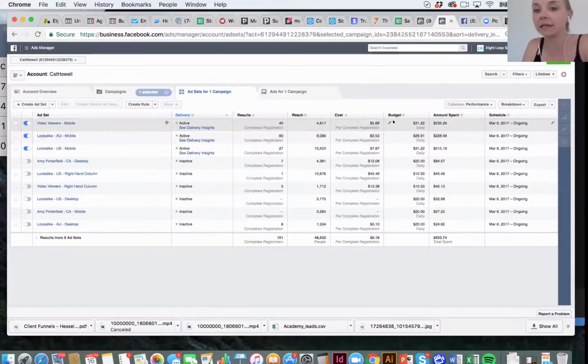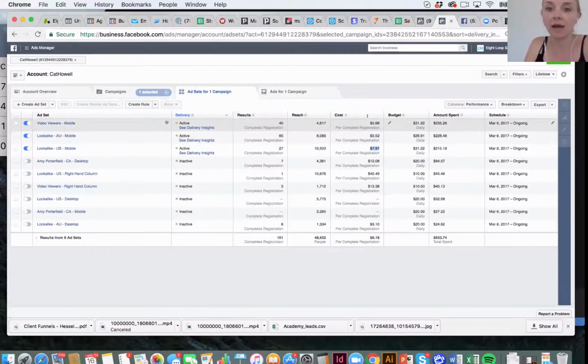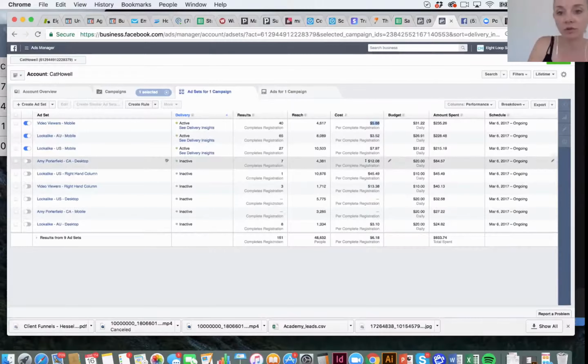As you can see, the cold audience in many ways is actually, for AU anyways, and even US, almost cheaper to go straight out to the cold audience with this type of funnel than it is to build the custom audience.